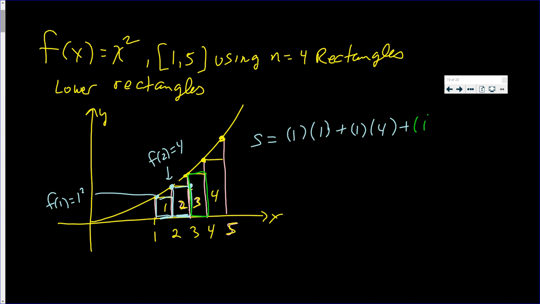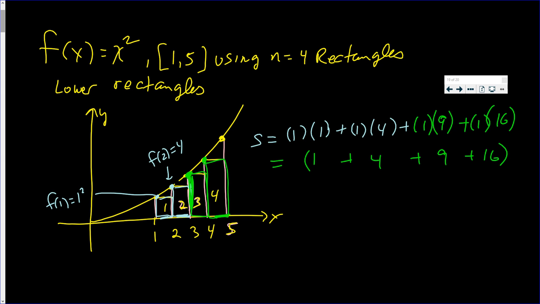Once again, the base is 1, and the height is f of 3, which is 3 squared. And the last rectangle over here, the base is 1, and the height is f of 4, which is 16. So we get 1 plus 4 plus 9 plus 16.